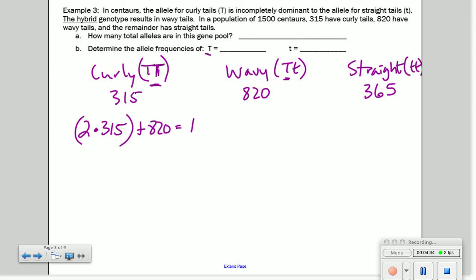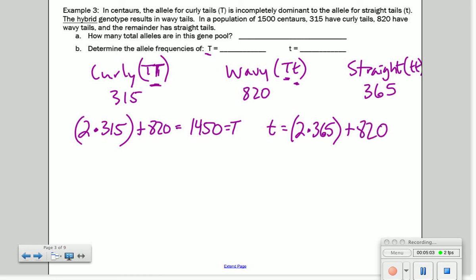I get 1,450. So this is big T. If I want to find my little t, I have 365 centaurs with the straight tail, but there's 2 alleles, so I got to take it times 2. And look at my hybrids. I have 820 little t's.